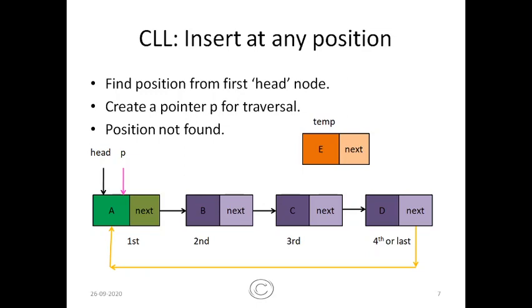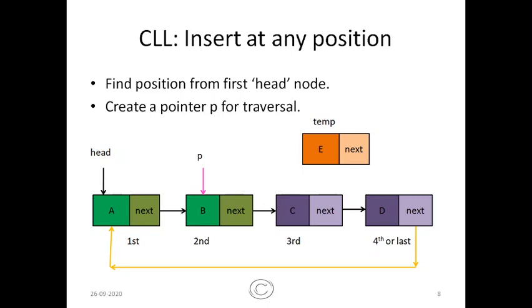We have already created a temp node with key value E and a next address. The first head node is traversed, so it is marked in green color. Now we check whether we have reached the position. The position is not found, because the position is equal to 2, the second position, so we have not reached it.